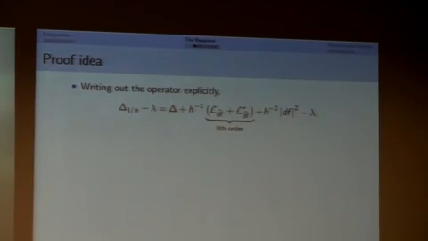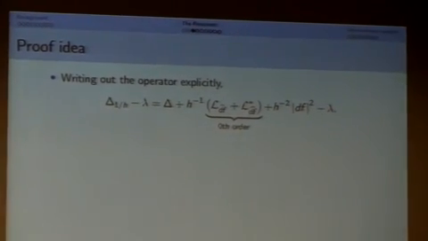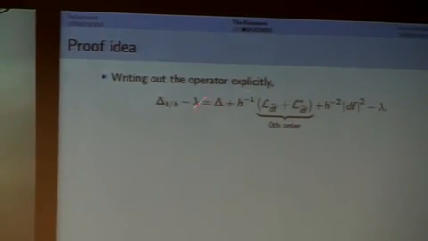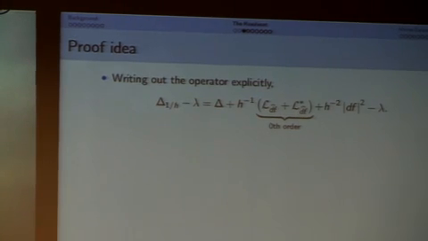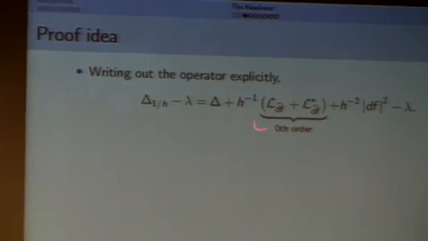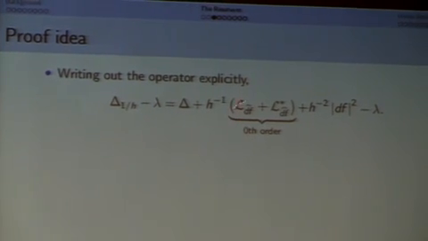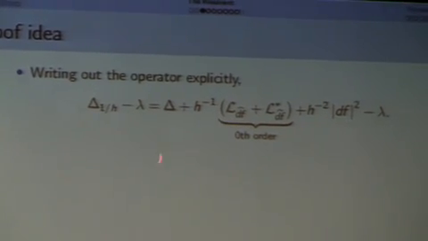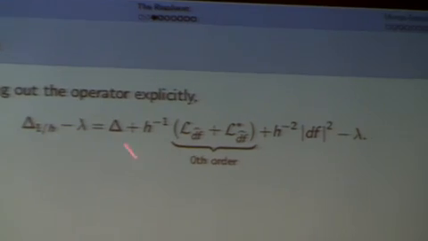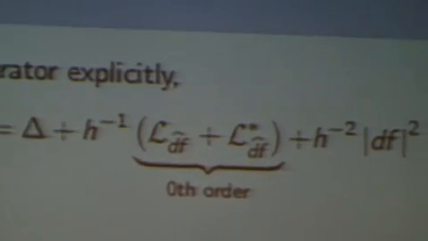So let me give you some idea of the proof here, just briefly. If you write out this operator explicitly, you get the ordinary Hodge Laplacian. Then this is the Lie derivative by the vector field which is dual to df, plus the adjoint of that operator. And you might think this is a first order operator, but it turns out to be a zeroth order operator.